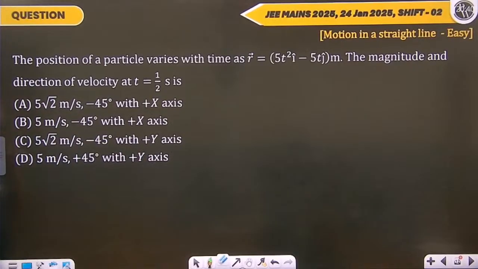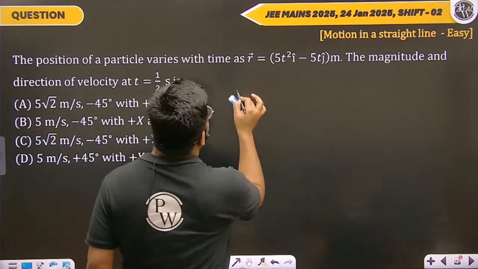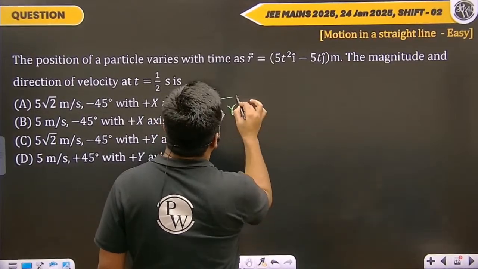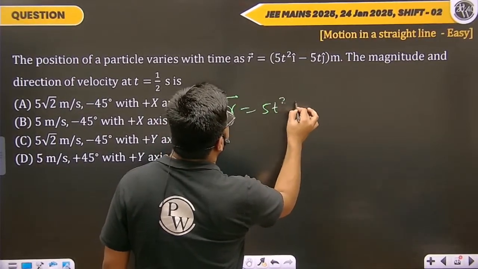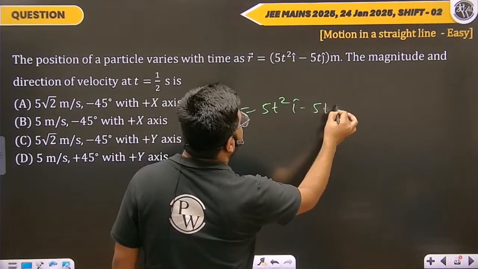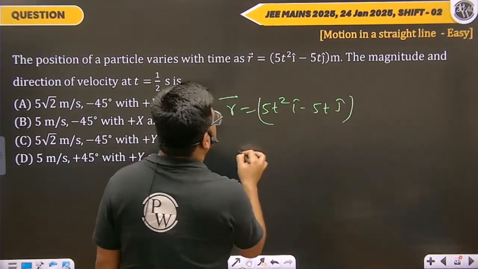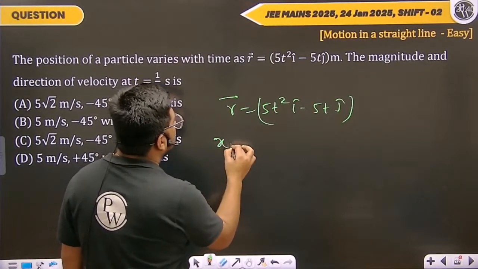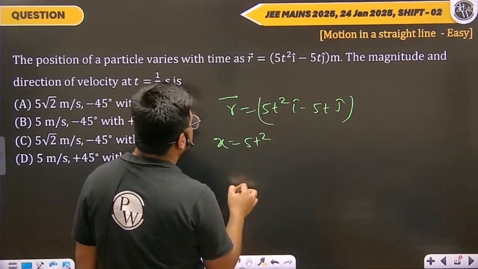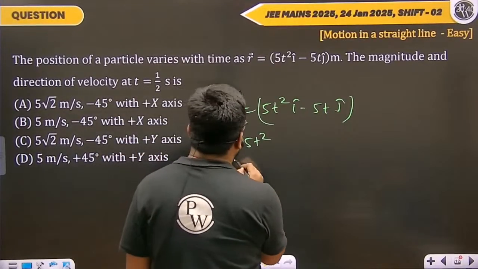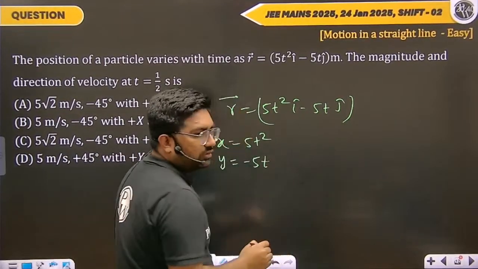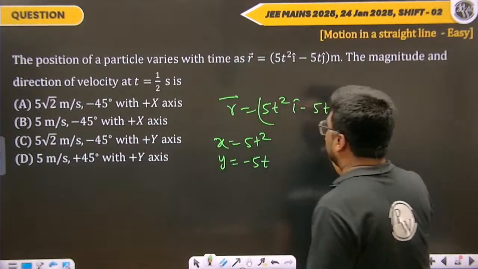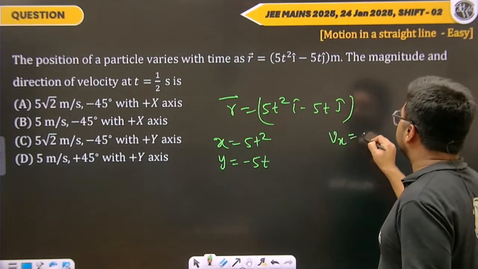Hello, this is a question from straight line motion, and it is r equals 5t square i minus 5t j cap. Five t square is x and y is minus 5t. This is vx and this is dx by dt.